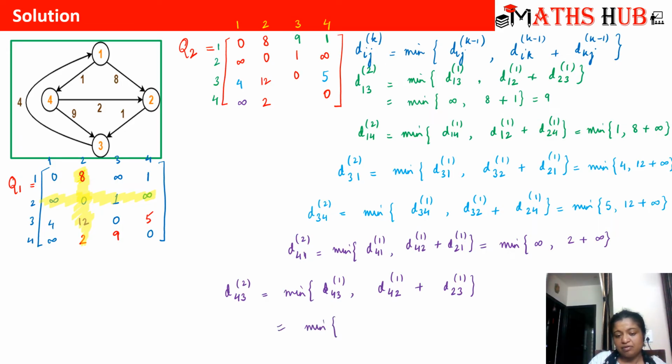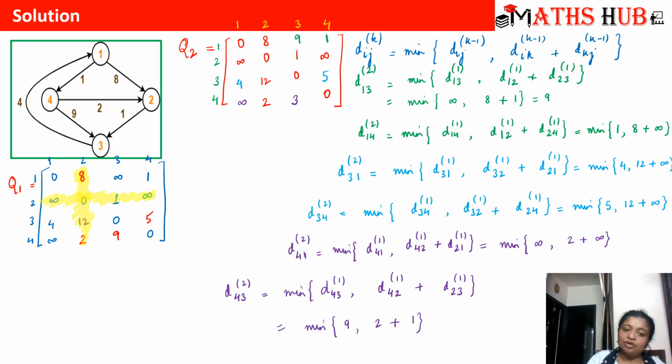This is minimum of, what is D43? D43 is 9. D42 is 2 plus D23 is 1. So you will get minimum of 9 and 3, that comes out to be 3. You will find that 9 has been improved to 3, right? So we get Q2, but still you can see that there are still 3 infinities.